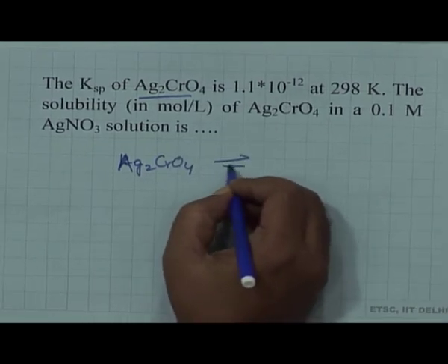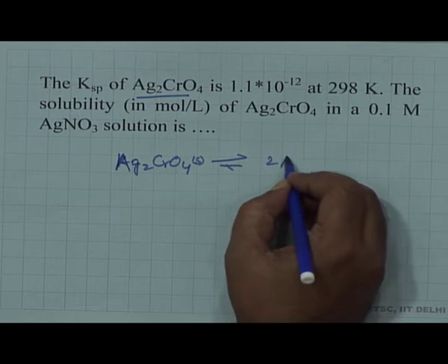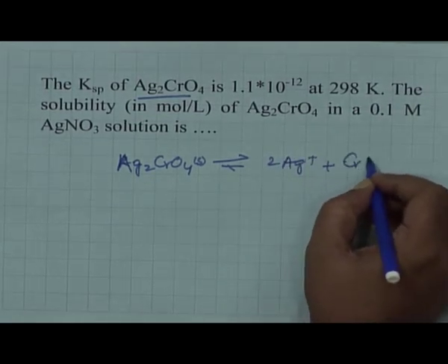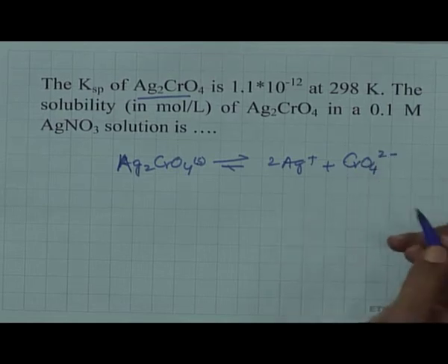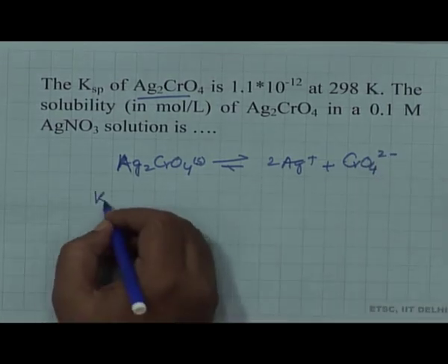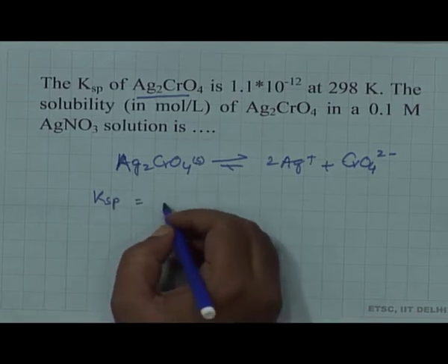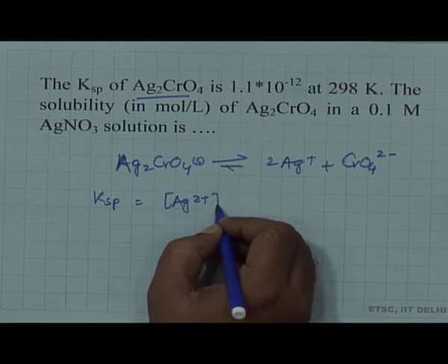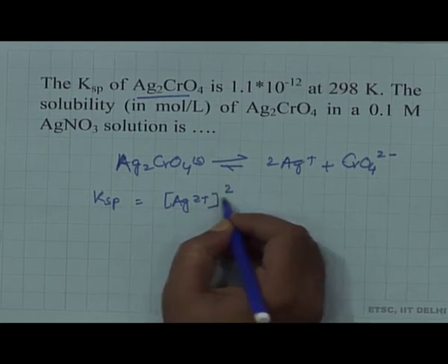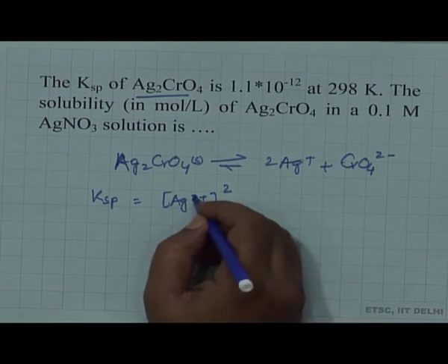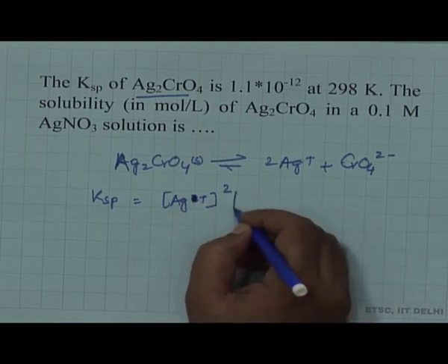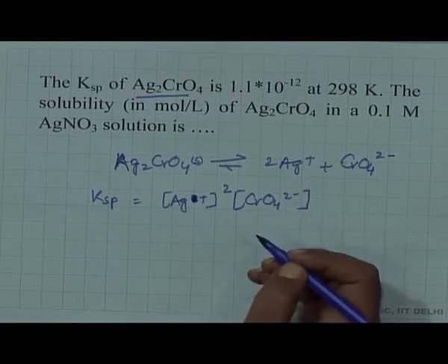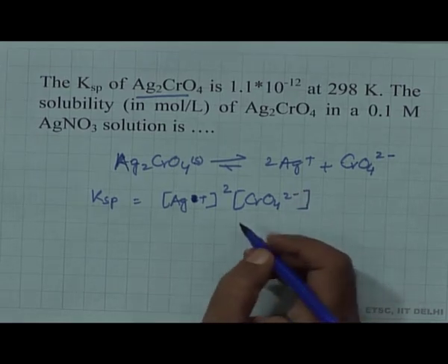If this breaks, it will give you 2 Ag plus and CrO4 2 minus. So, if we write Ksp, this is simply Ag plus squared and CrO4 2 minus.